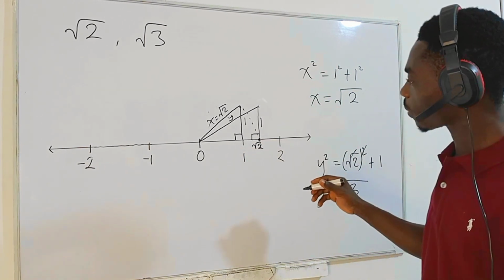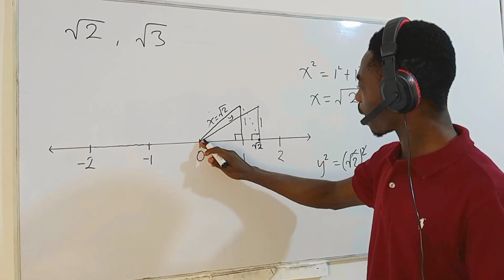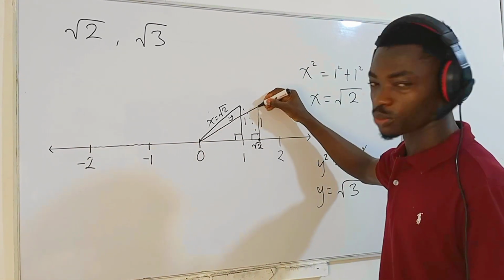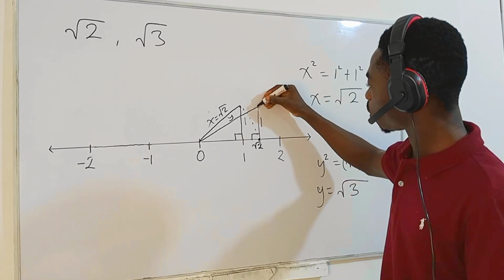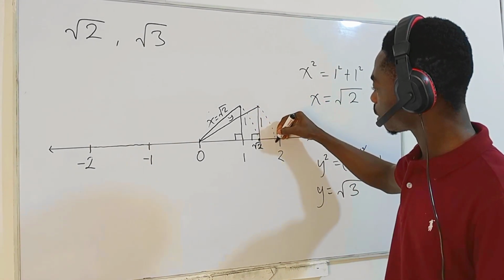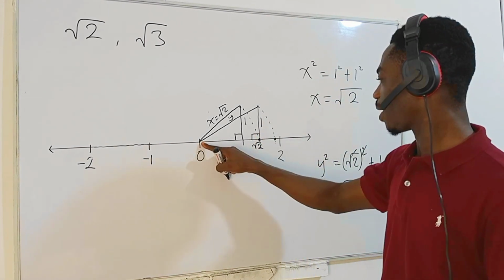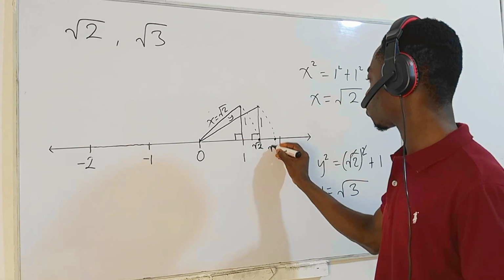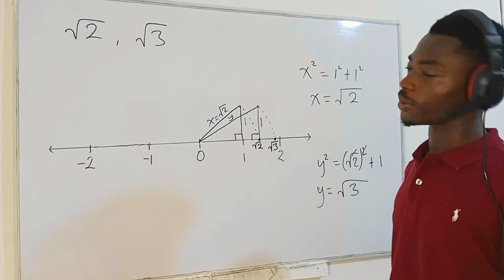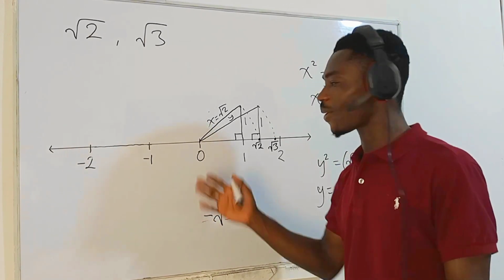So for square root of 3, you just take your compass, stand on the point 0 right here, open it up to this point, and you just draw your arc to cut across this line like this. And this point right here, from here to here, is now square root of 3. Now let's say you want to locate negative square root of 3 on the number line.